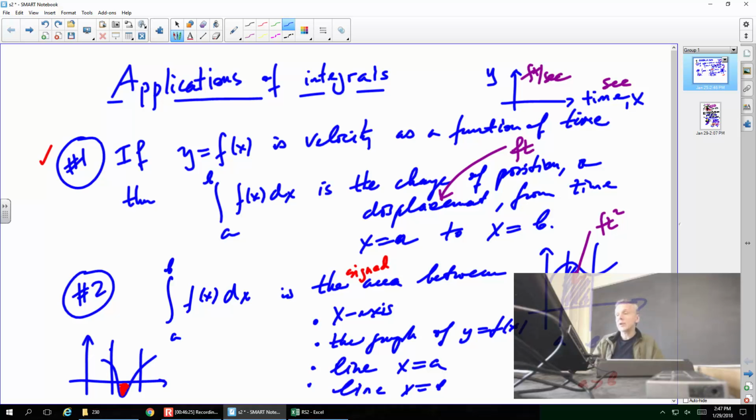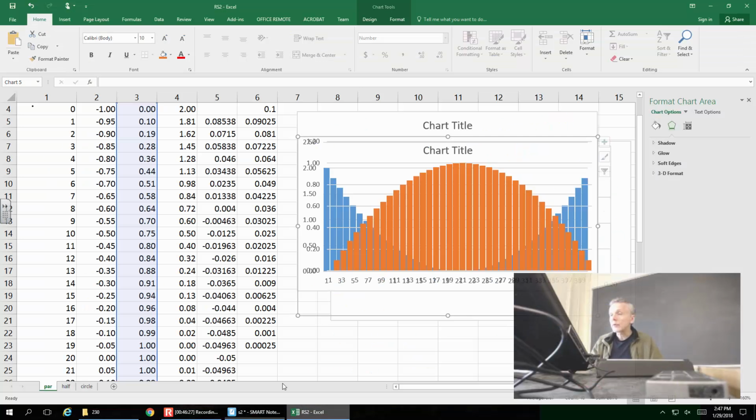So this graph is one person moving with this velocity. The blue graph represents the velocity of the first person. The orange graph represents the velocity of the second person. Now the blue area represents the displacement of the first person. The orange area represents the displacement of the second person.